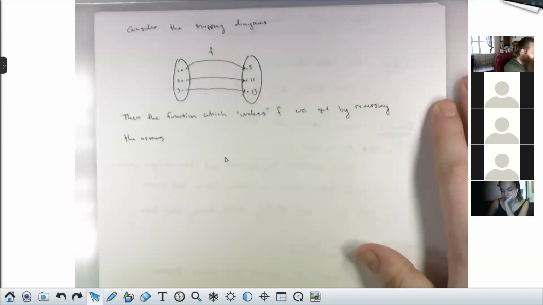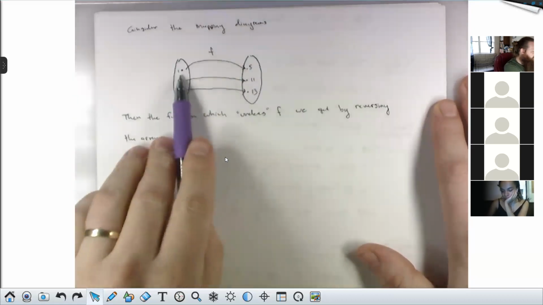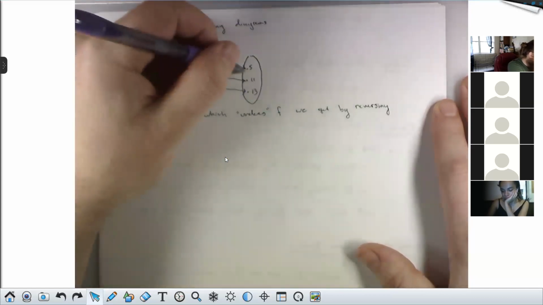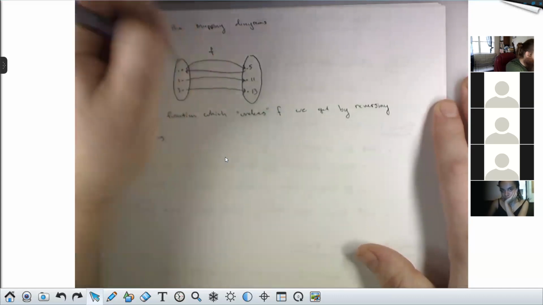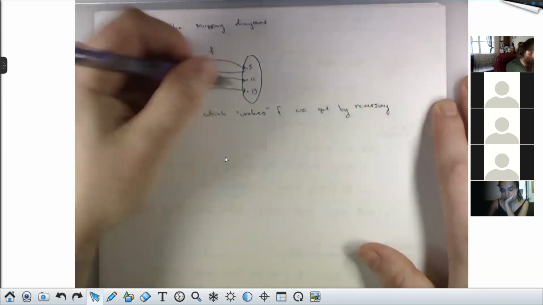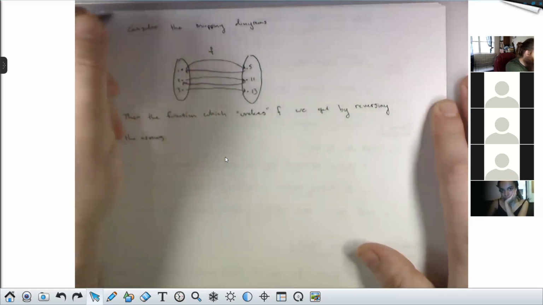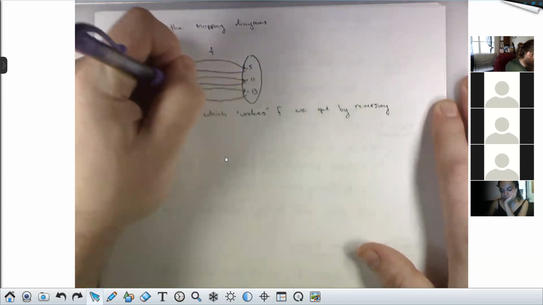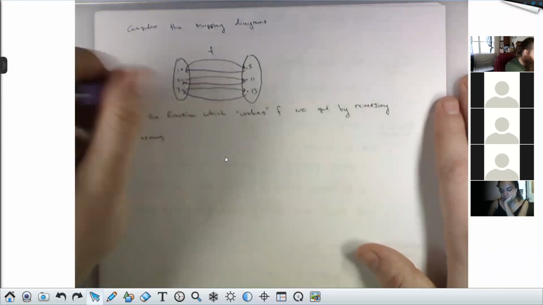So here, the function that undoes this: f sends 1 to 5, so the function that's going to undo f would have to send this 5 back to 1. f sends 2 to 11, so the function which would undo f should send 11 back to 2 and should send this 13 back to 3. This function is called f inverse.